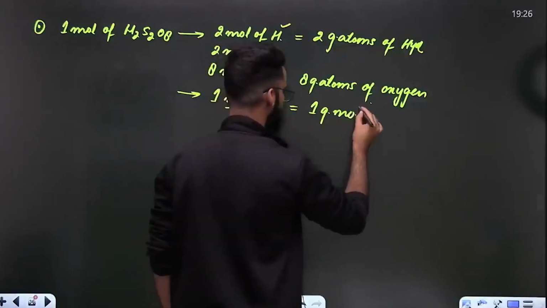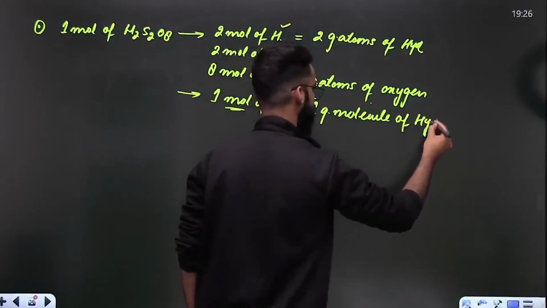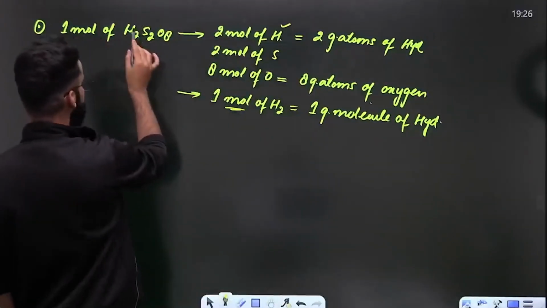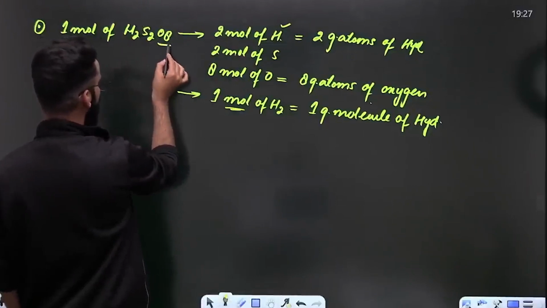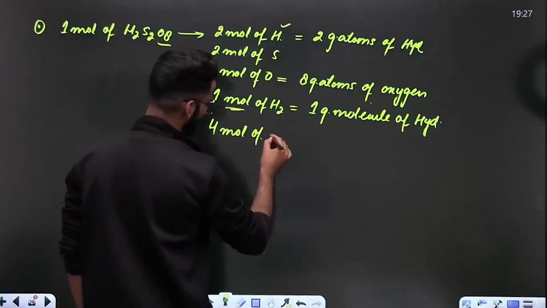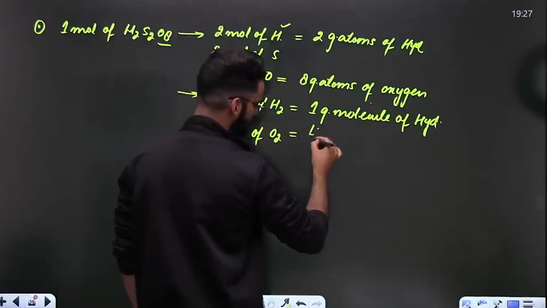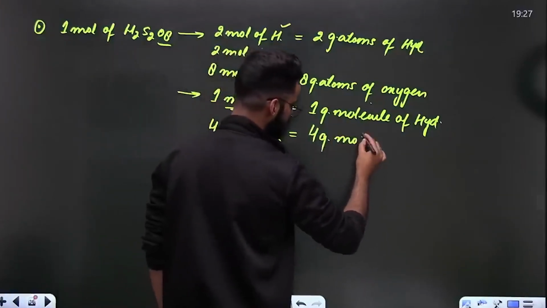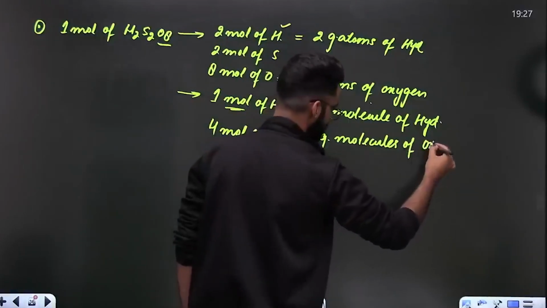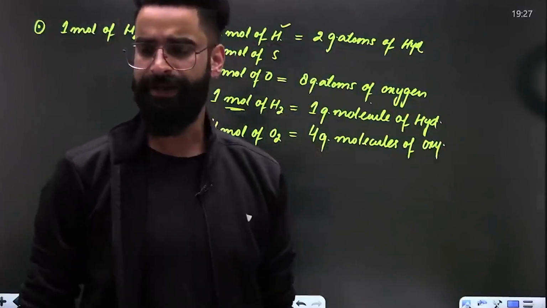So 1 gram molecule of hydrogen. 1 mole of H2S2O8 contains 4 moles of O2. Oxygen here is in molecular form. So I'm writing 4 gram molecules of oxygen. I hope all these statements are right.